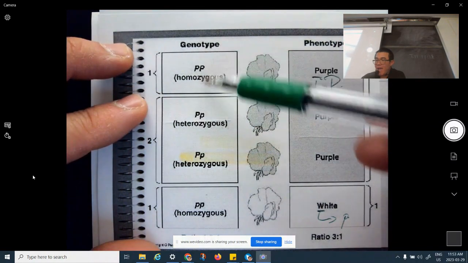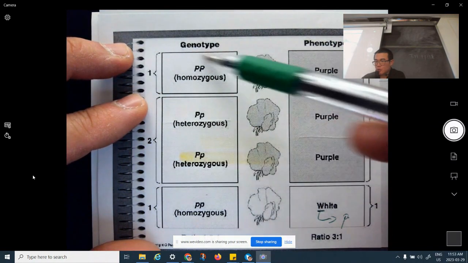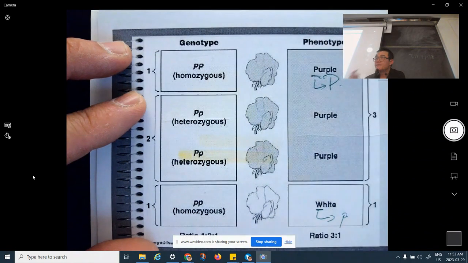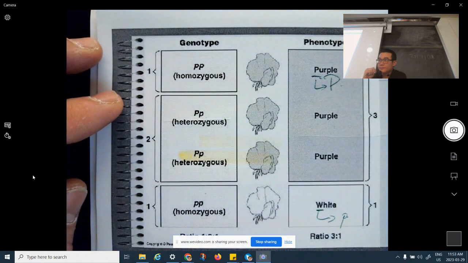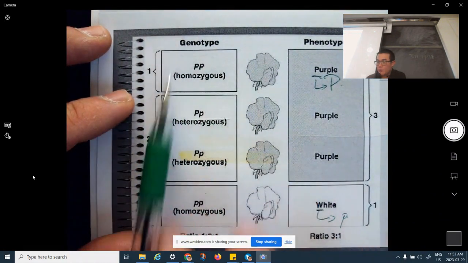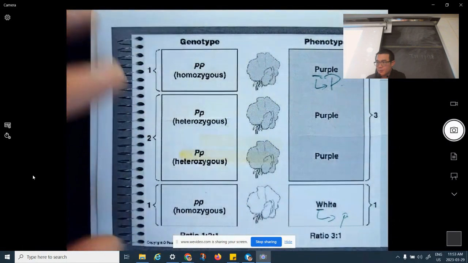So what type of allele you have, that's called genotype. What kind of outward appearance of that trait, that's phenotype. So typically when we're talking about homozygous or heterozygous, you're talking about genotypes.